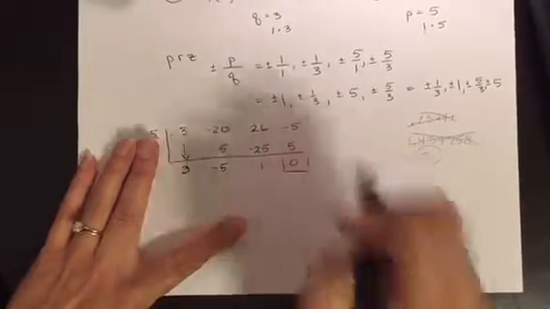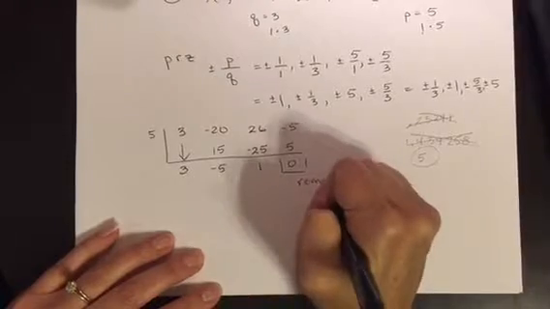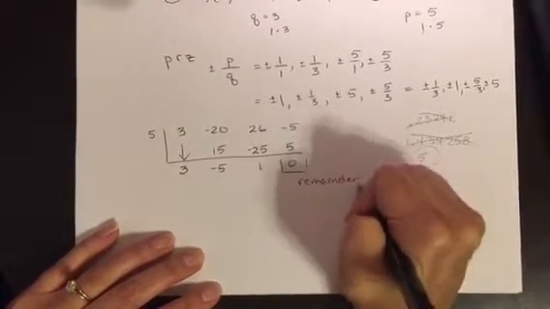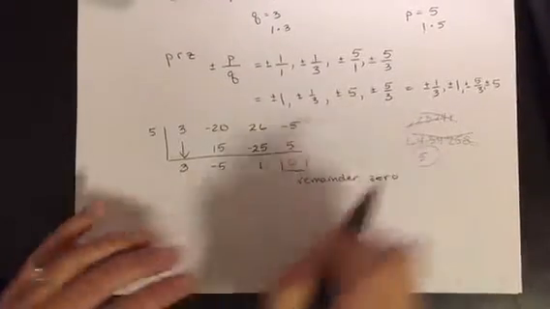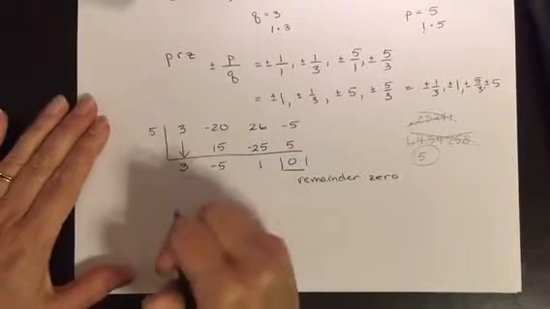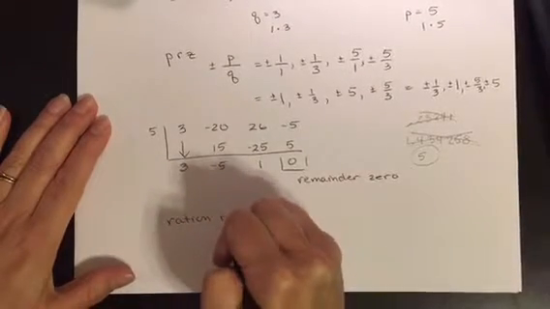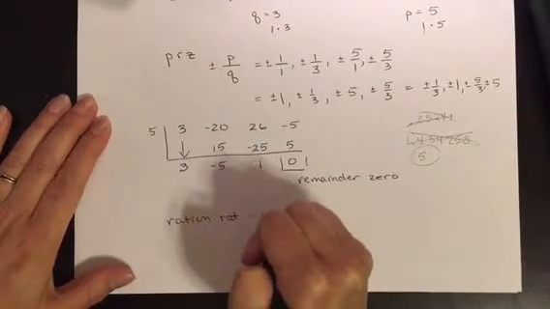And so I have a remainder of 0. So this is fabulous. Since it is a remainder of 0, that means 5 is a root. So our rational root for this problem is 5.